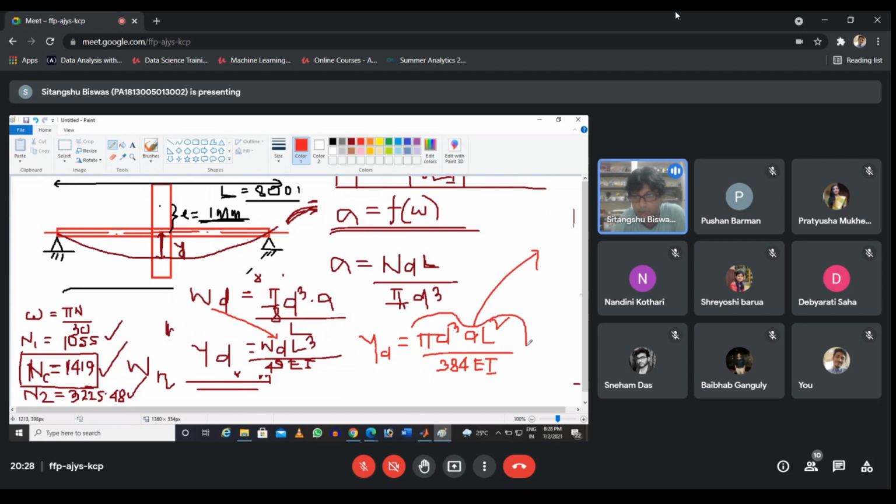All these values are known. You put those values, and some constant into sigma will come. Tell me what that constant is.